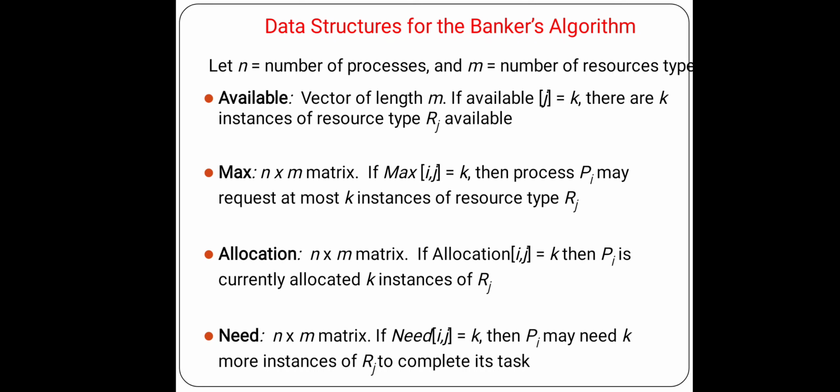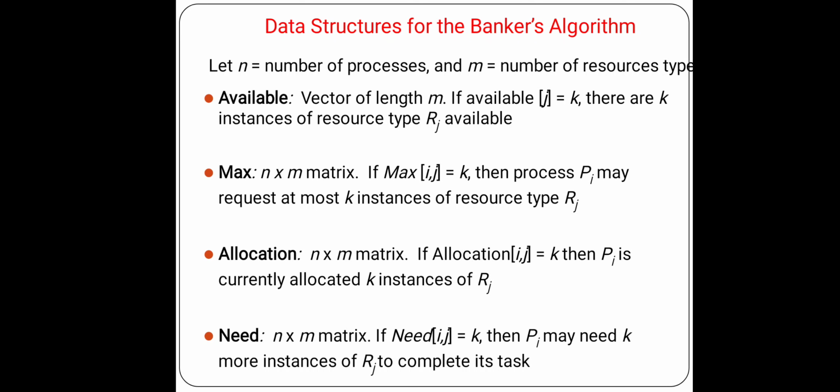If allocation of i, j is equal to k, then Pi is currently allocated k instances of Rj. Second one is allocation. How many resources are allocated currently?